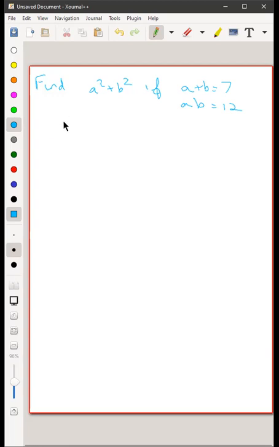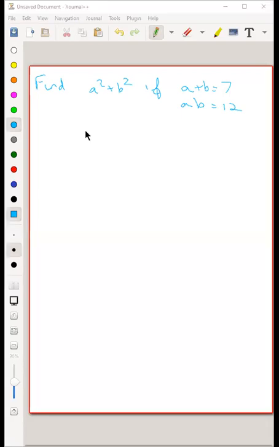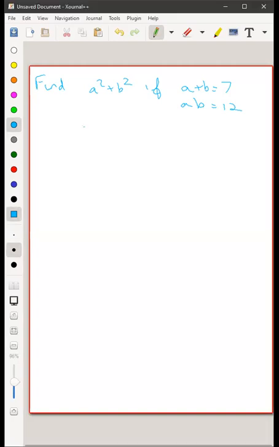Aryan, let's solve this. Tell me, Aryan, what do we do? I didn't get this. You didn't get this? What's the relationship between a plus b and a squared plus b squared? How do I, from a plus b, reach a squared plus b squared?